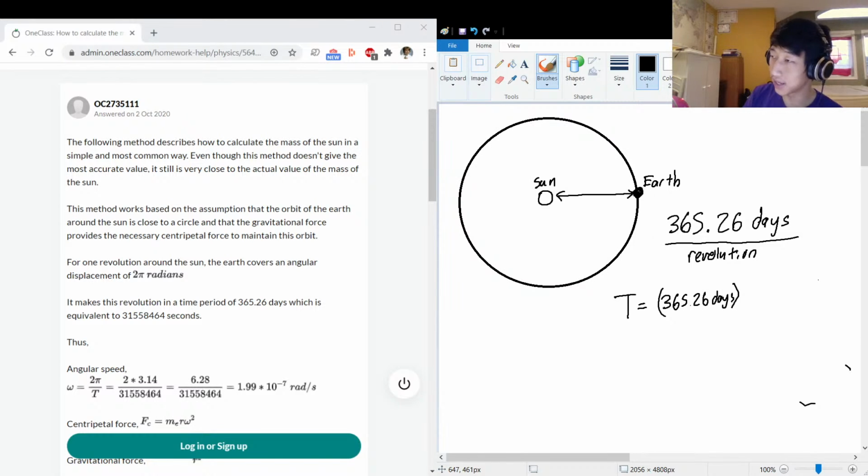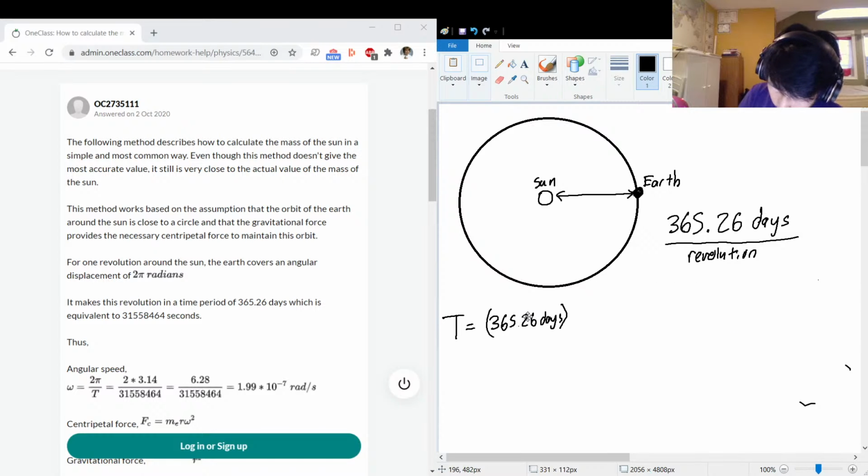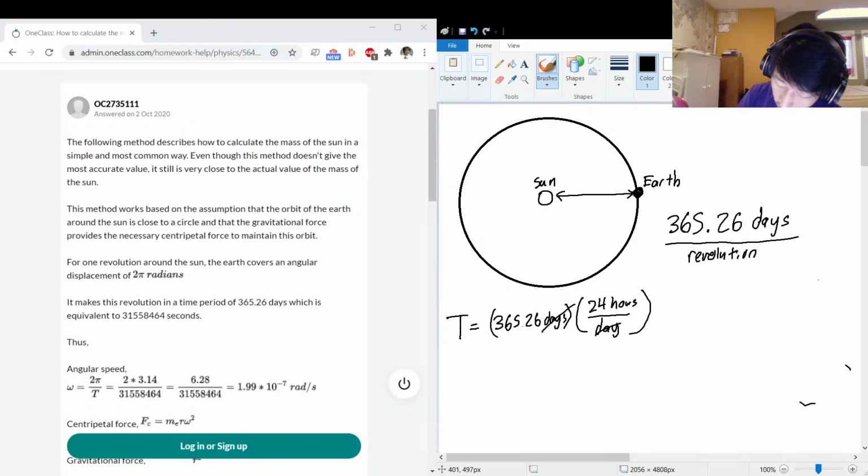Because base SI units are our friend here. I'm actually going to move this whole thing around just a little bit, just over here, so we got a little bit more space. And then to convert this into seconds, well, we know a day is made of 24 hours, right? So we got 24 hours per day. Day here neutralizes the day down here.